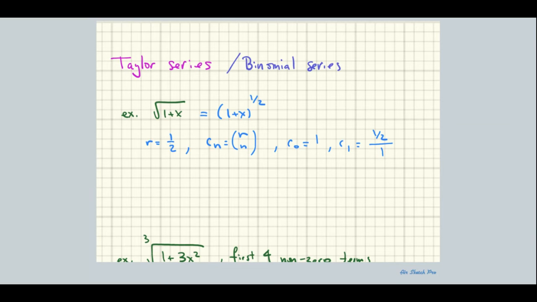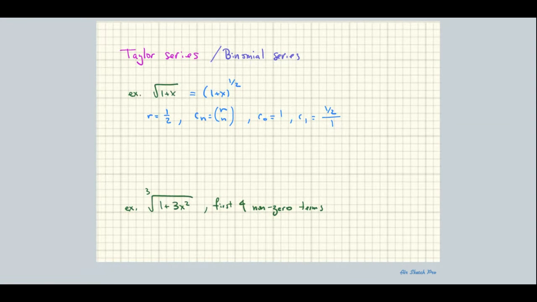So C sub 1 is just 1/2. C2 is going to have two factors, 1/2, and then subtract 1 from 1/2. What do I get, guys? In the chat, please. What happens when I subtract 1? That's right, -1/2. And this is going to be 1 times 2.